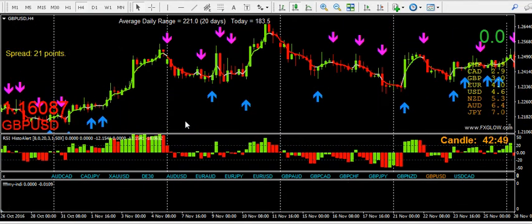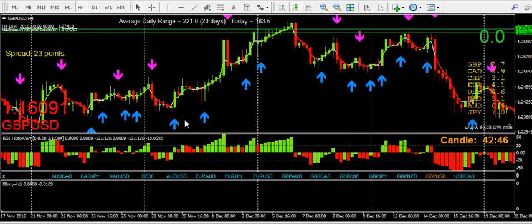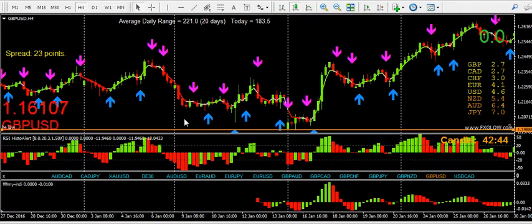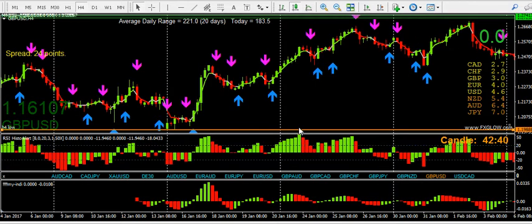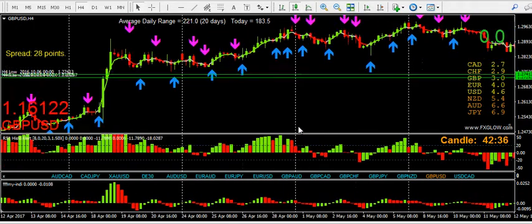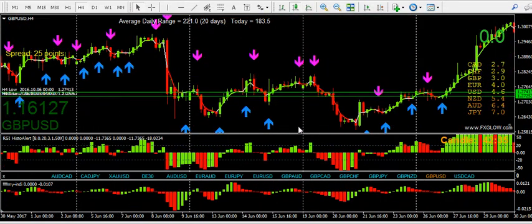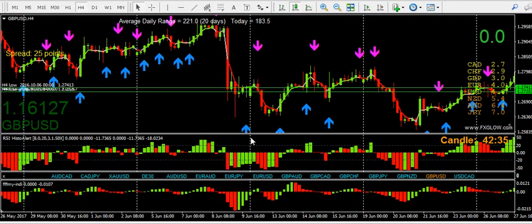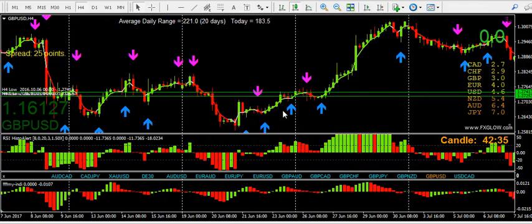So scroll along, make sure there's nothing below that level that's been used as support there, so nothing to worry about there. .128, no, that's miles above where we are.